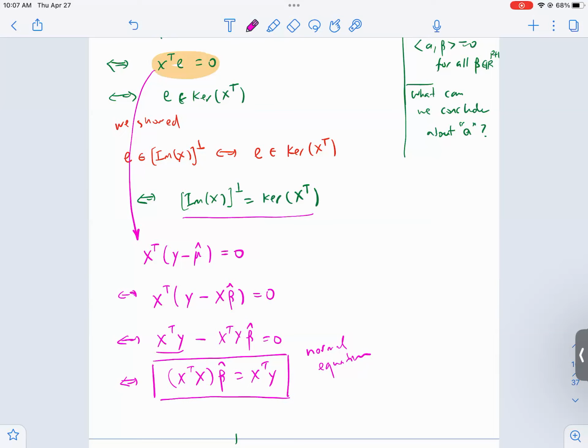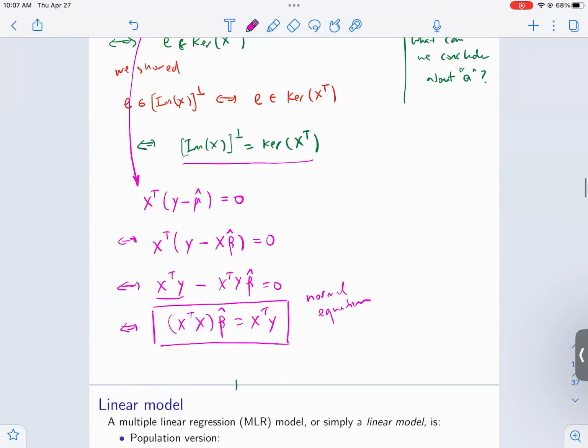In particular, if X transpose X is invertible, I can write beta hat in closed form. Then beta hat would be X transpose X inverse, X transpose Y, which is the formula you probably know about.